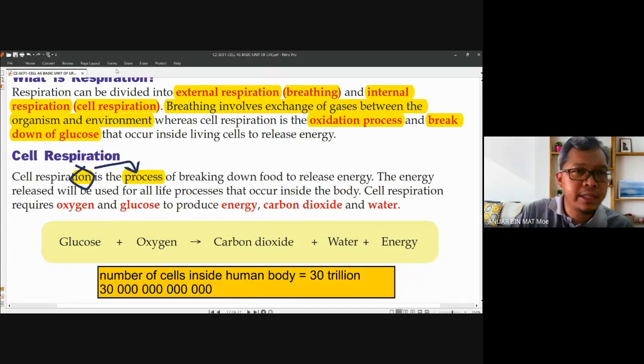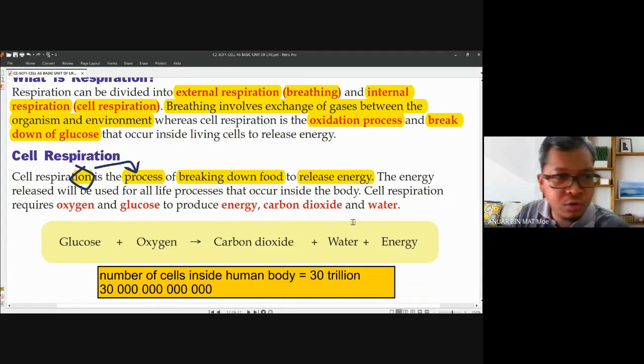So what is the process? Breaking down food to release energy. The energy will be used for all life purposes that occur inside the body.